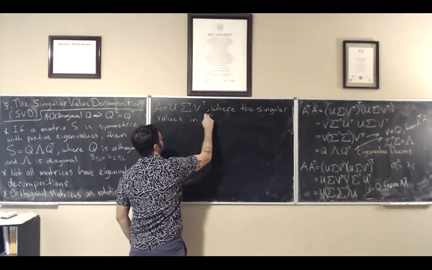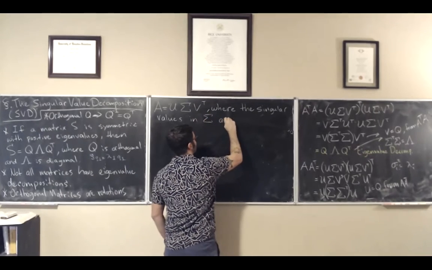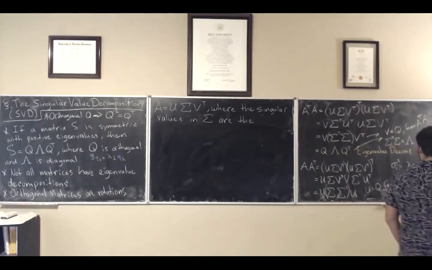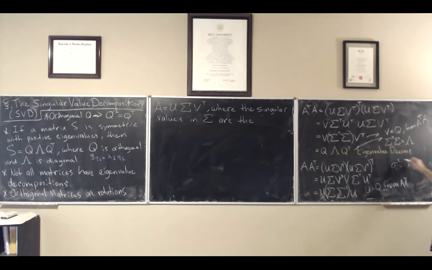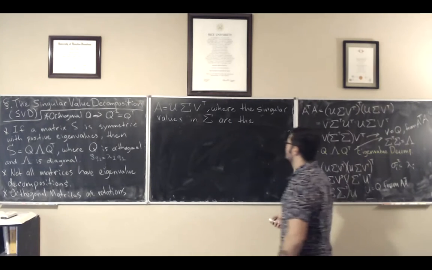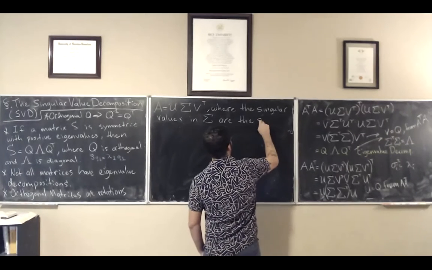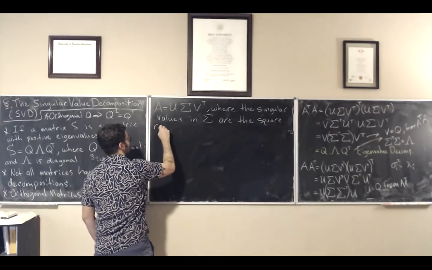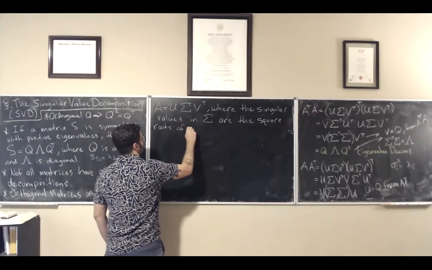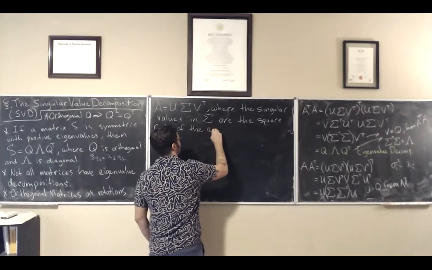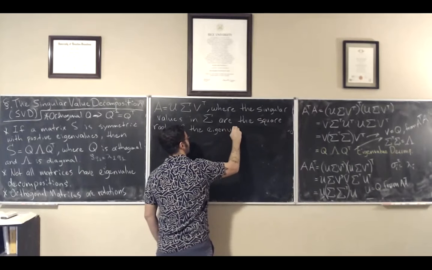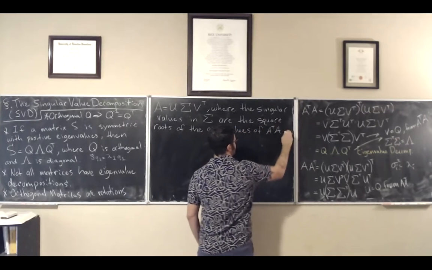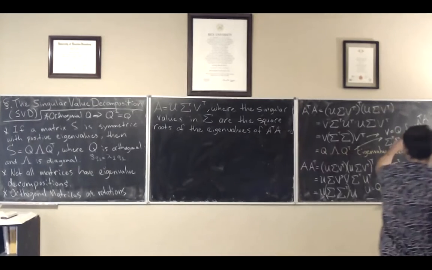So the singular values in sigma are the square roots of the lambda. If you just square root both sides, you get the square roots of the eigenvalues of A transpose A, or A A transpose. It doesn't matter. It's all going to be the same.